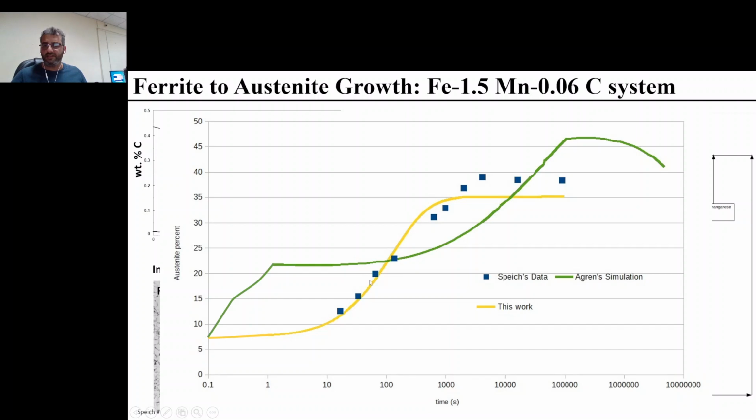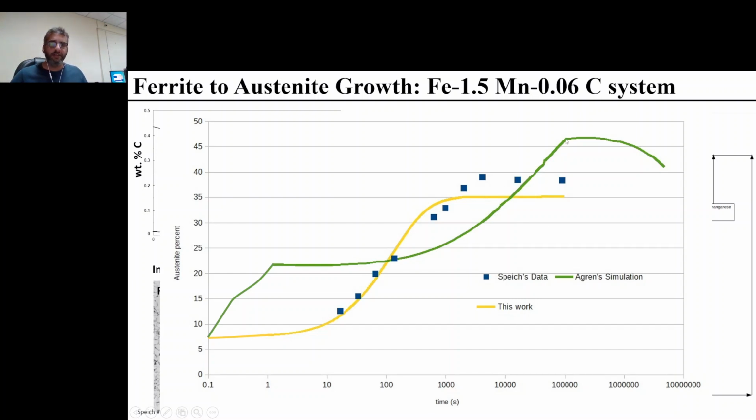But the data suggests otherwise, which means that during the initial stages, manganese diffusion is also important, which is actually captured in our model here. We consider both the carbon and manganese diffusion happening in the system till the system reaches the final equilibrium composition or final equilibrium austenite fraction.